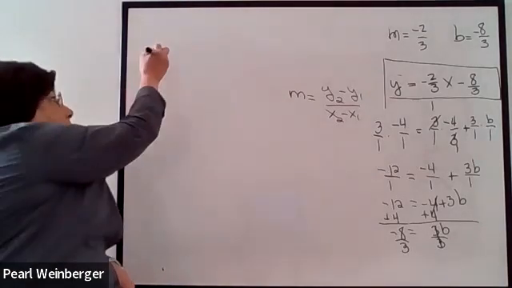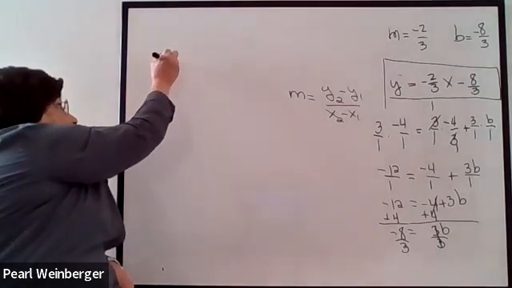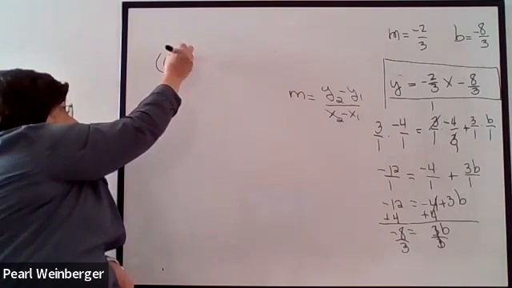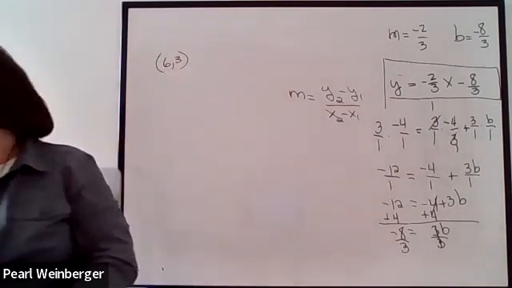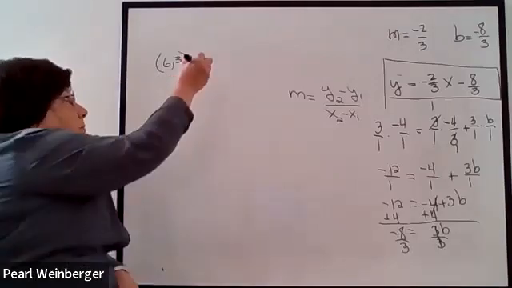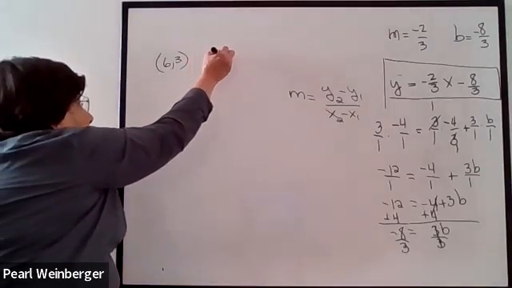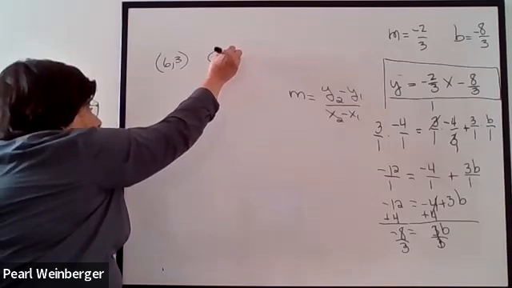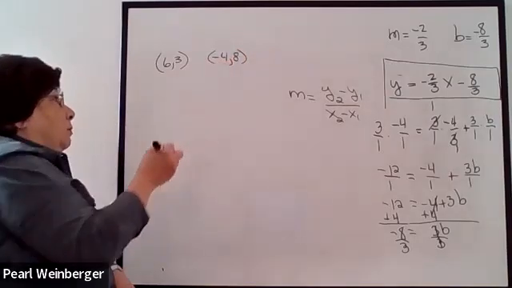I have 2 points. 6, 3 and -4, 8. Again, there are 2 points on a line. And I want you to write the equation.